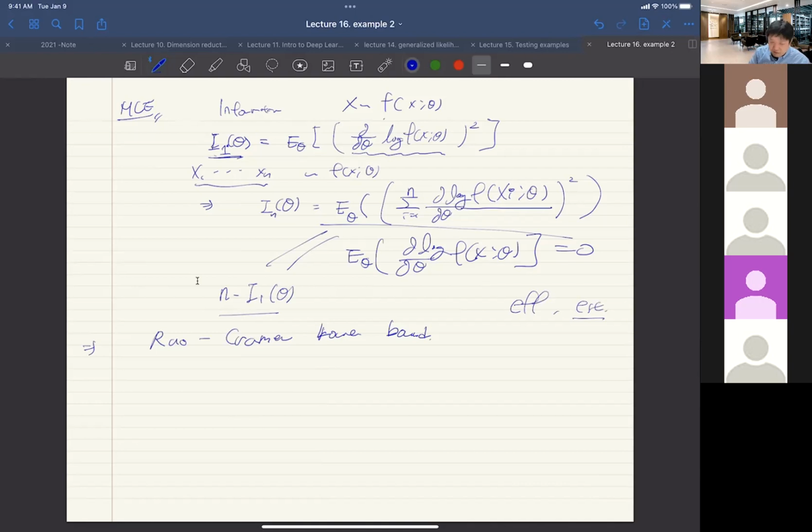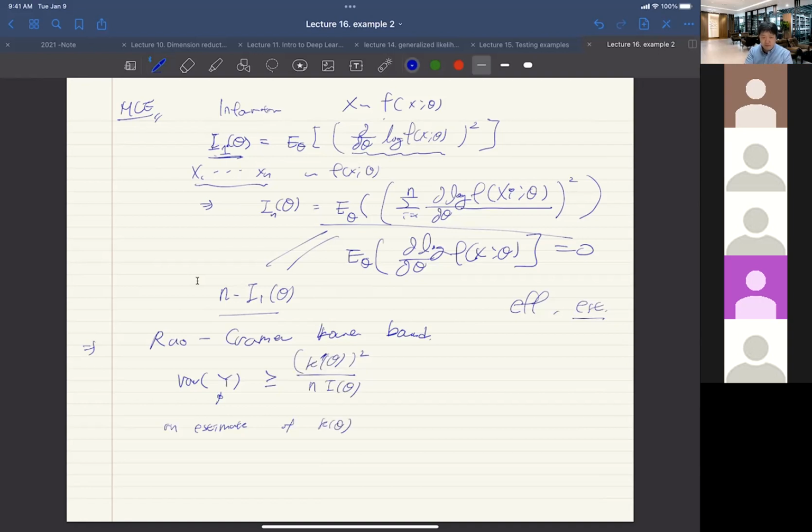So the Cramér-Rao lower bound is this: the variance of Y, where Y is an estimate of K of theta, is at least K prime of theta, the derivative, squared, over n I of theta.